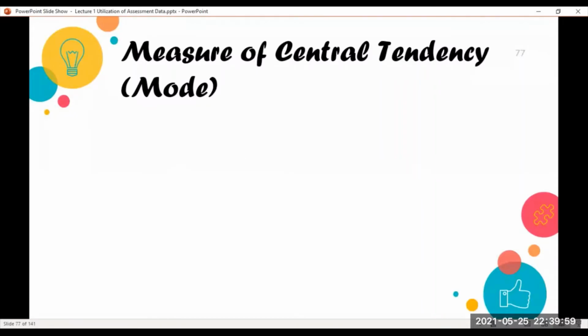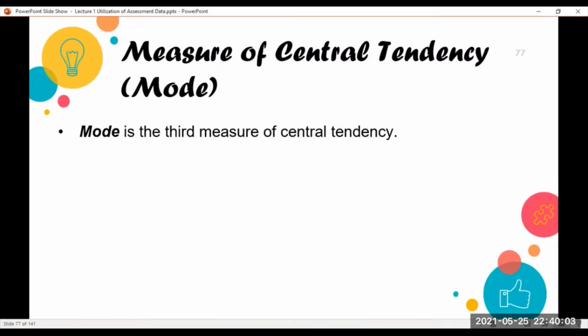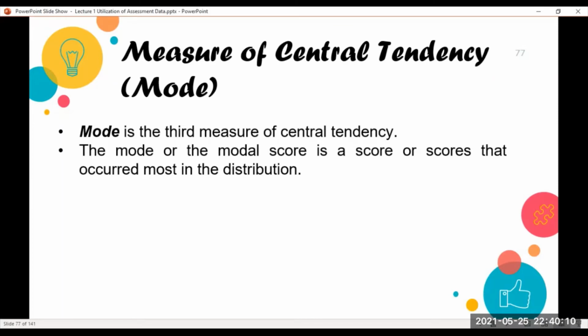Okay, measure of central tendency: mode. Mode is the third measure of central tendency. The mode, or the modal score, is a score or scores that occurred most in the distribution. I think if the mean is easy for you to compute, then among the three measures of central tendency that we have discussed so far, including this mode, I think mode is one of the easiest.